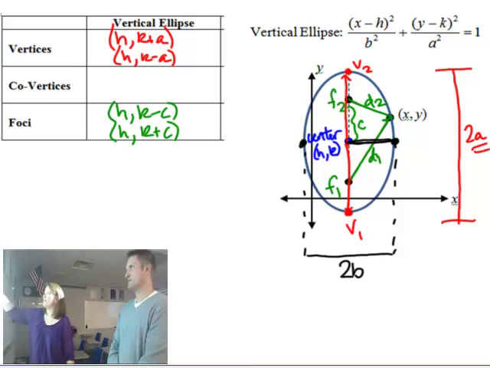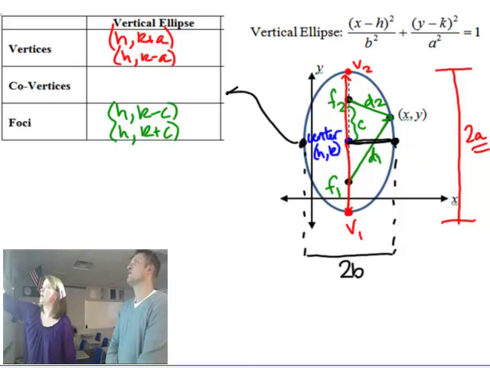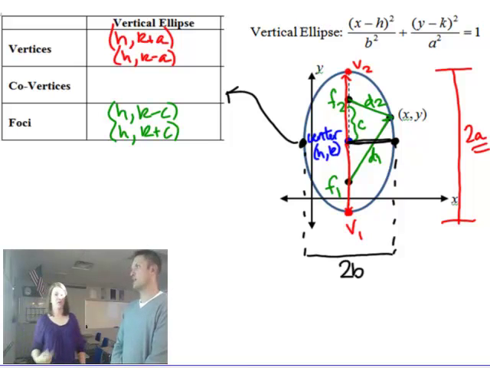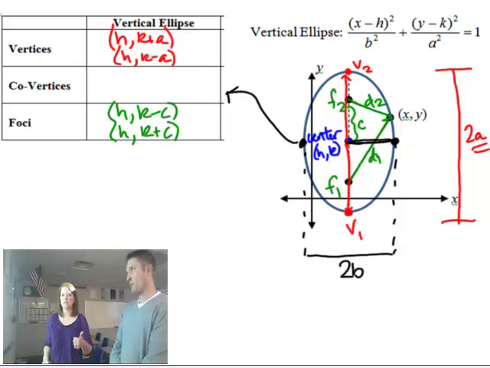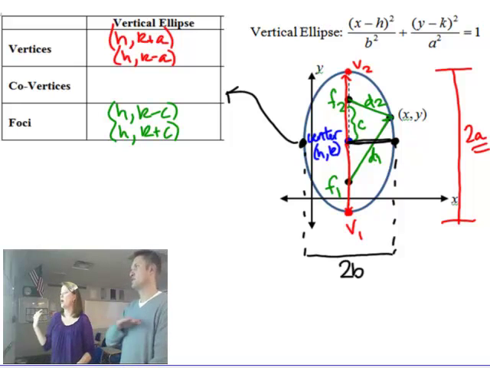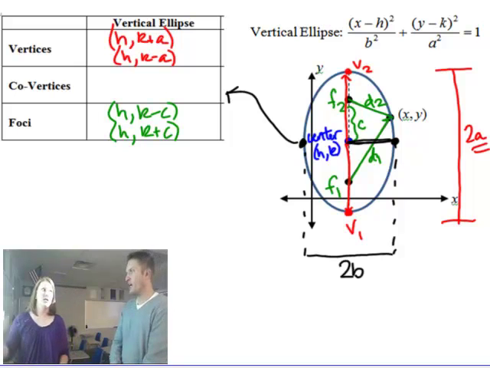So we need a name for these extra dots over here, and all the books we've come up with have called them co-vertices. They're with the vertices. But the co-vertices are weird because they go the other direction. So if the vertices and the foci were changed by a and c and they were up and down, so they changed the y coordinate, then the co-vertices are going to change horizontally.